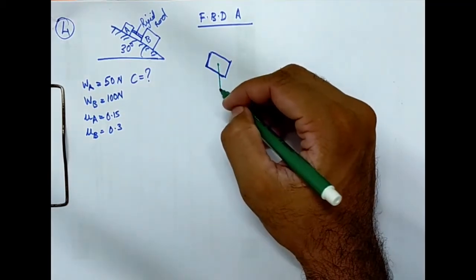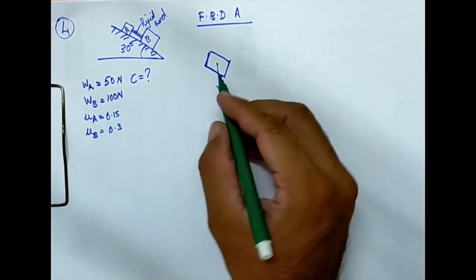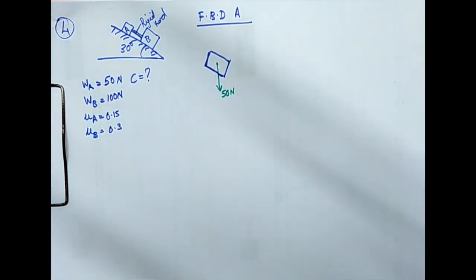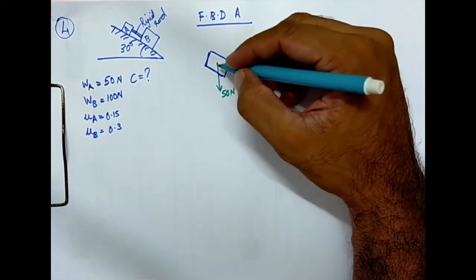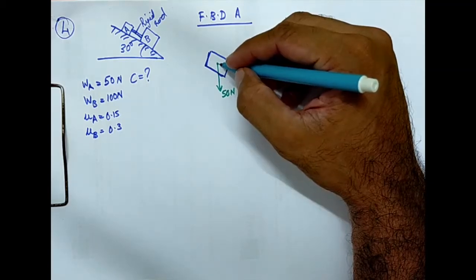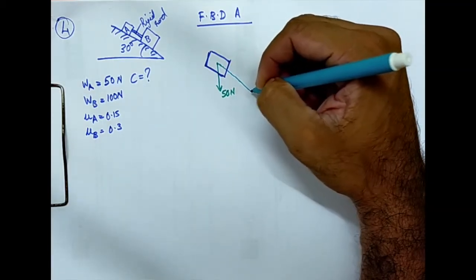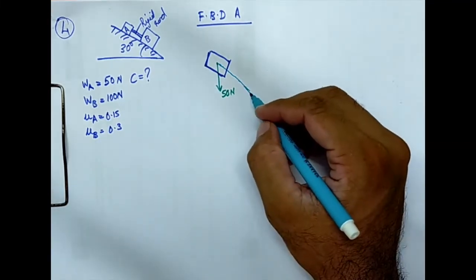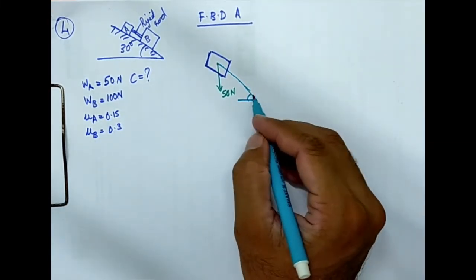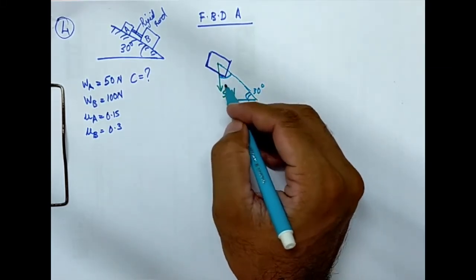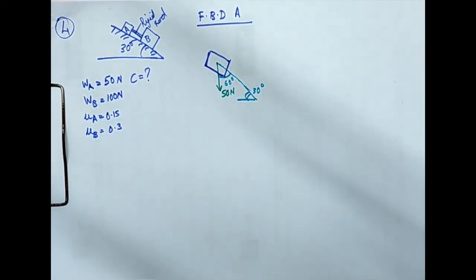The weight is acting downward and it is given as 50 Newton, and it is making an angle. It is said that this angle is 30 degree, which means this angle will be 60 degree.